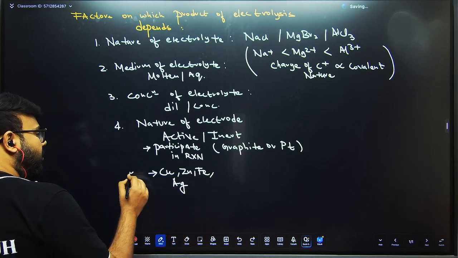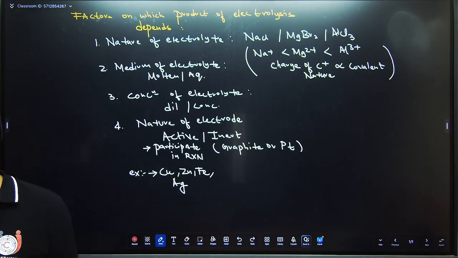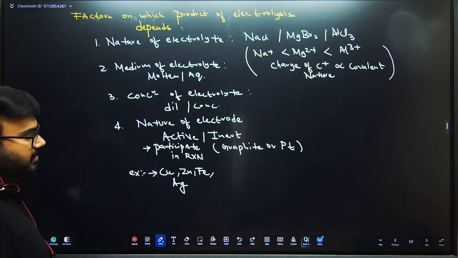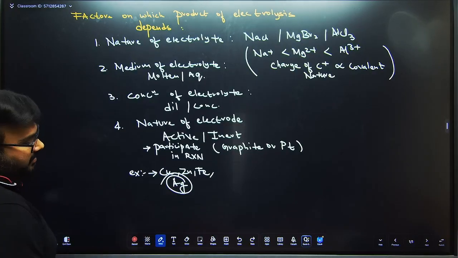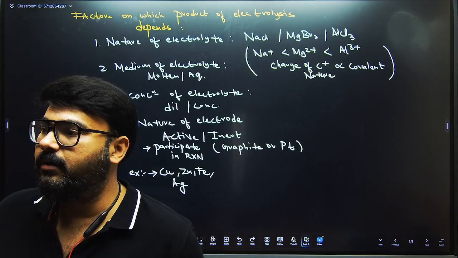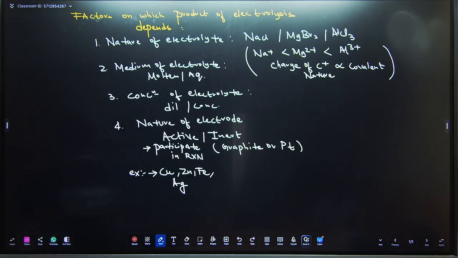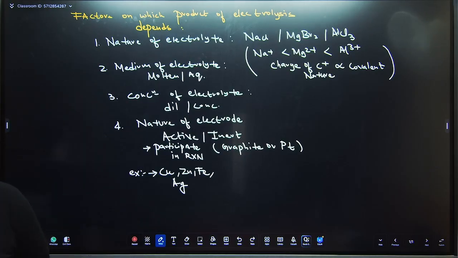This is very commonly given. Silver is not an inert electrode, it's an active electrode. Now we will learn finally how to write the product of electrolysis.